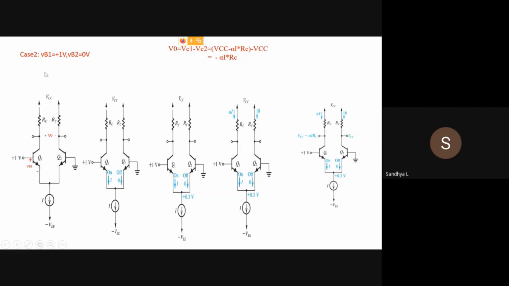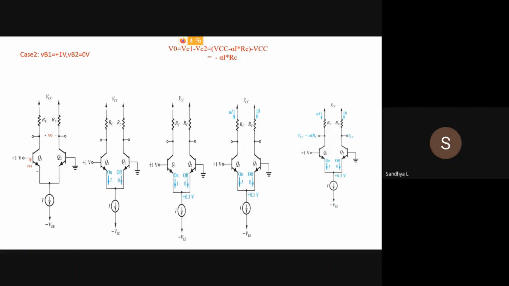So when VB1 is greater than VB2, the V naught will have a negative value, that is input and output are out of phase by 180 degree. That is the significance of this negative value. So why is it negative? Because VB1 is greater than VB2.